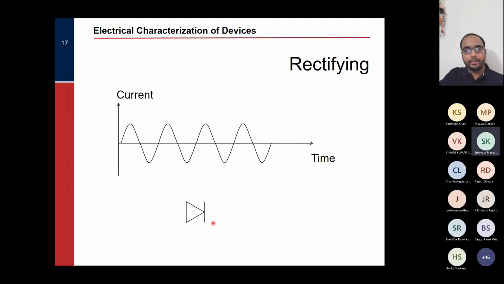That actually happens in the case of a PN junction, what we have seen earlier. So if this is an AC signal and I pass it across such a PN junction, then only one half will be able to flow and the other half will be chopped off. So that is making it slightly DC type of nature.